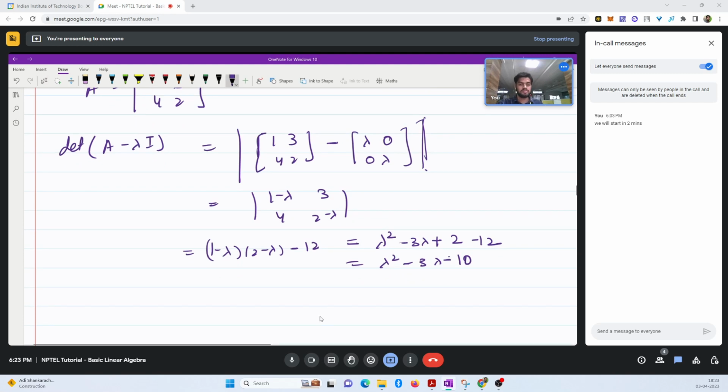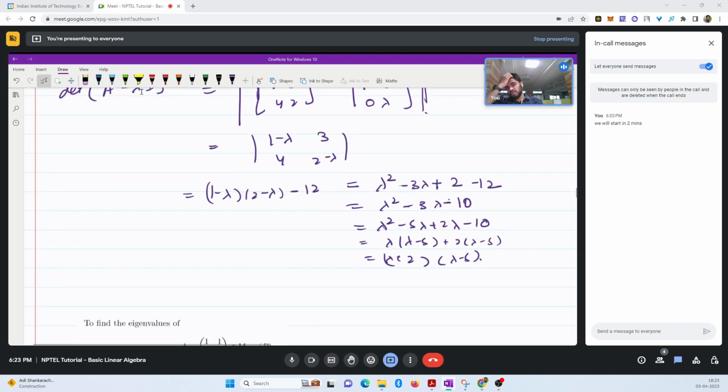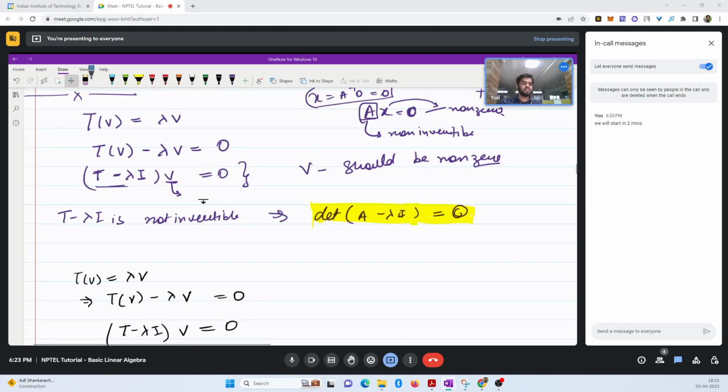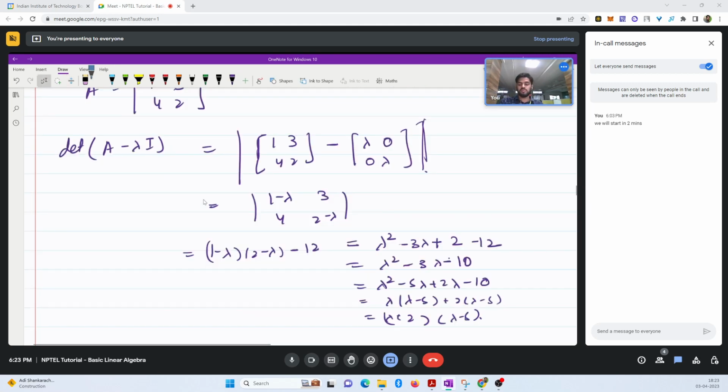We can. This would be lambda square minus 5 lambda plus 2 lambda minus 10. This is equal to lambda (lambda minus 5) plus 2 (lambda minus 5), which is (lambda plus 2)(lambda minus 5).